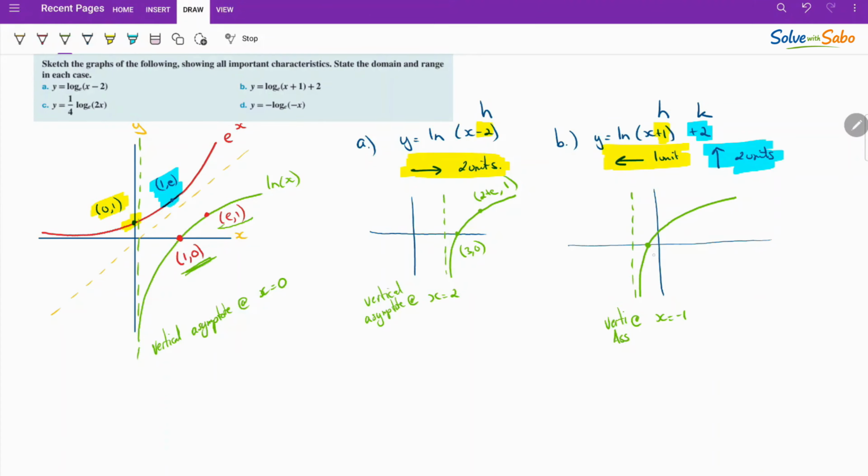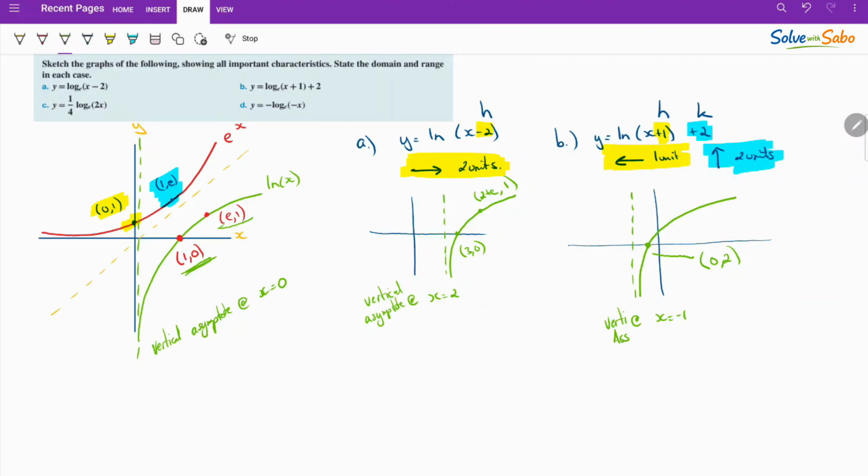However, I'm going to put this coordinate over here: I've gone 1 unit to the left, so I should be at 0 instead of 1, and I have gone 2 units up, so I should be at 2. Now, hold on a second. I have started trying to label an x-intercept, and I somehow have a y-intercept?